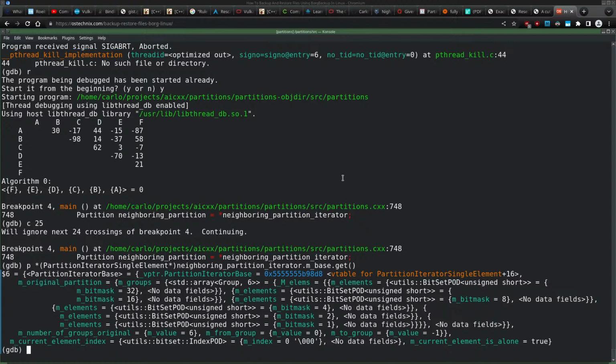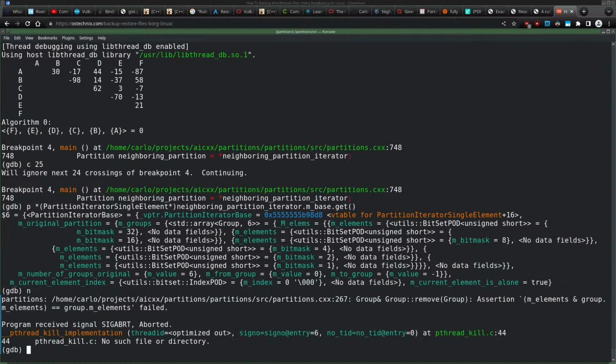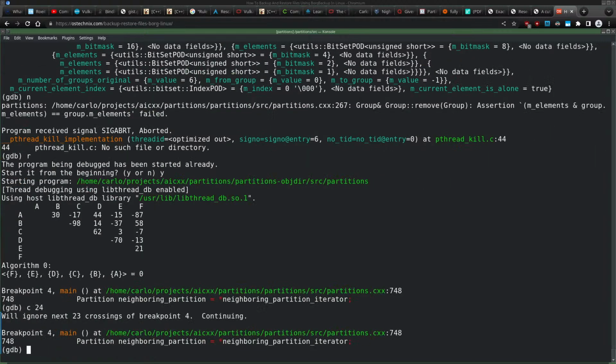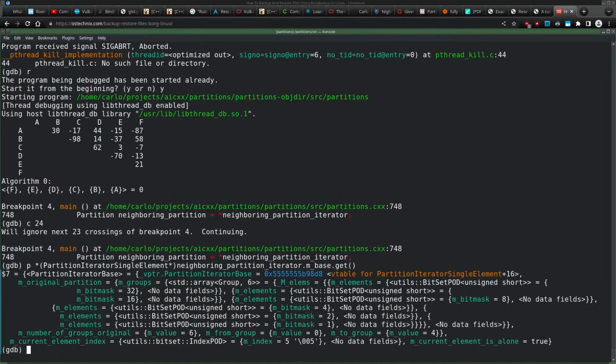Yep. So even next crashes already. I have to do it one last time. Continue 24. Now it still seems to make sense here. Index is 5, which is the 6th or the last element, which is F, which is 2 to the power of 5: 2, 4, 8, 16, 32, which happens to be element number 0, aka from group 0. This is correct.